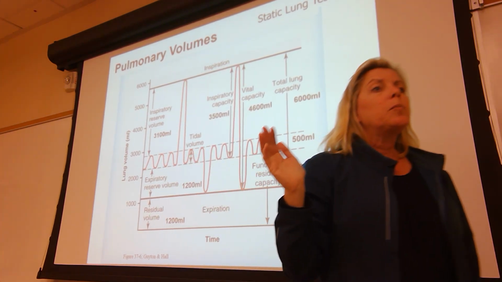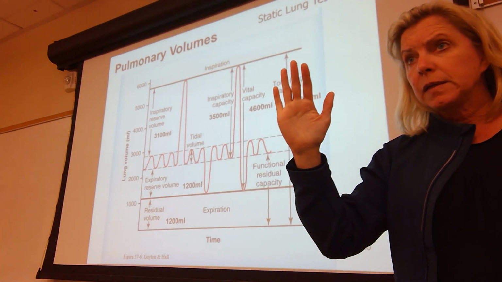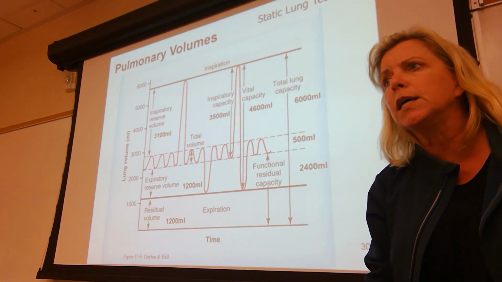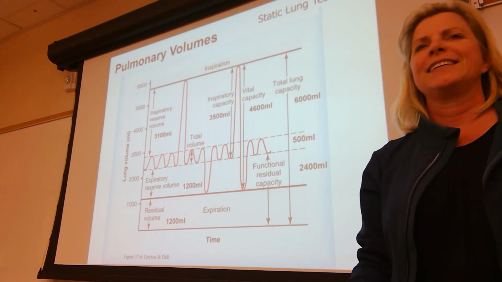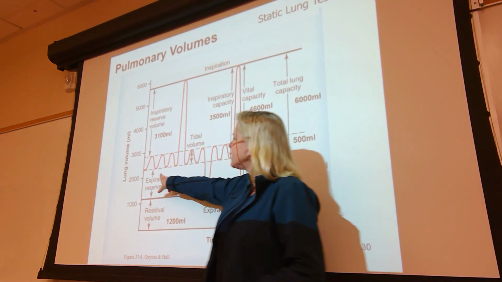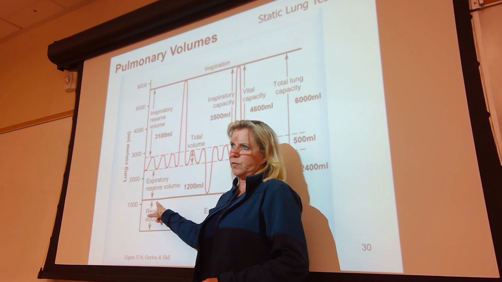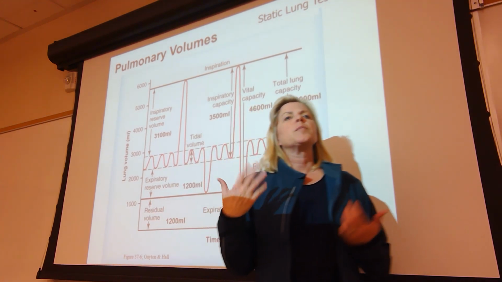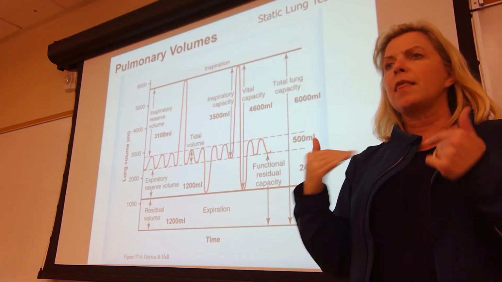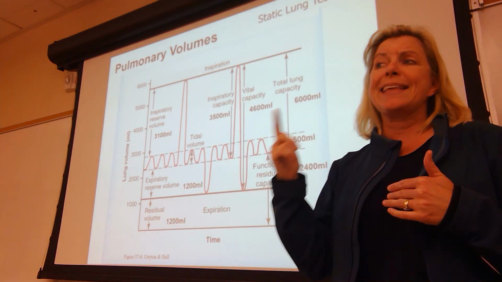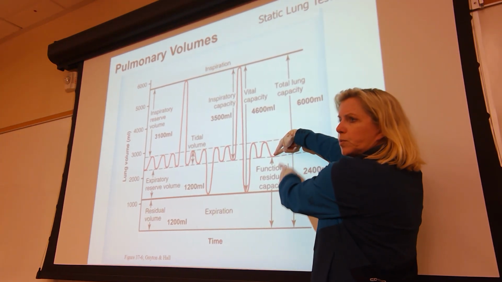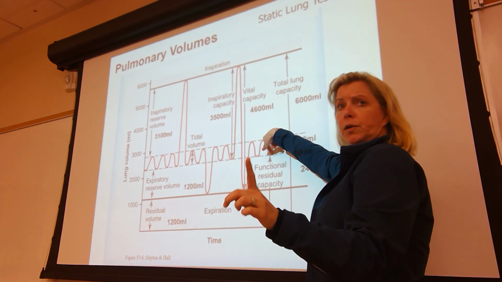Okay, now take a normal breath out. Stop. Now breathe out even more. The amount of air you exhaled after a normal exhale is your expiratory reserve volume. Okay, breathe normally again. Breathe out. Stop. The amount of air left over in your lungs at the end of that normal exhale is called your functional residual capacity. You saw that on a slide earlier.